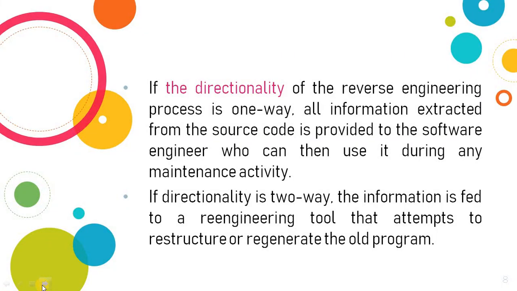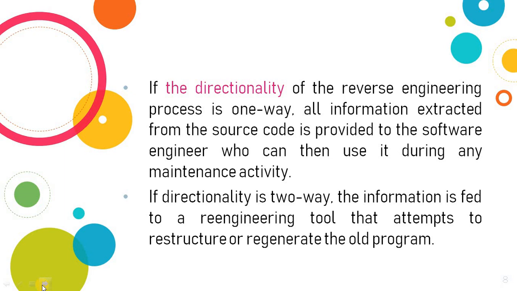And the last one is the directionality of the process. Directionality means the process can be one way or two way. One way means all information extracted from the source code is provided to the software engineers, who can then use it during any maintenance activity.